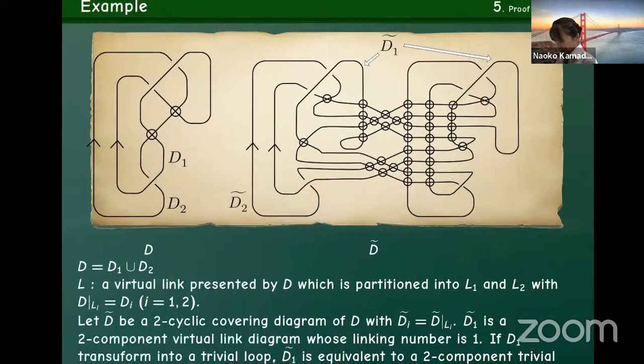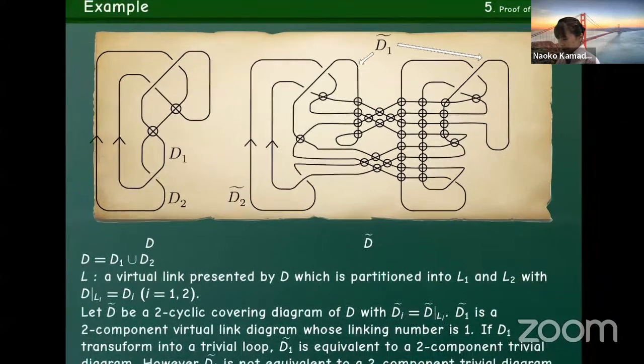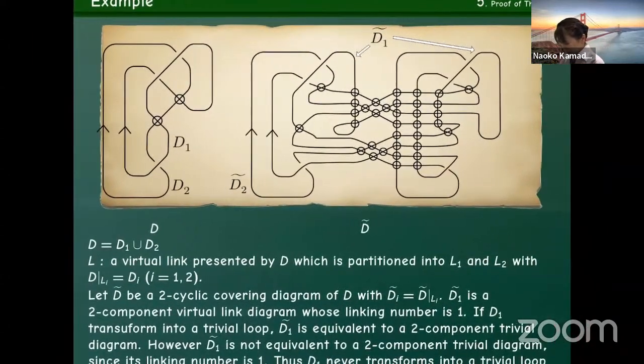So we show an example of our theorem. Let D be a virtual link diagram, the union of D1 and D2. Let L be a virtual link presented by D, which is partitioned into L1 and L2, with Li presented by the restriction of Di.